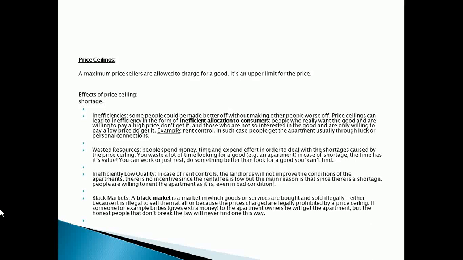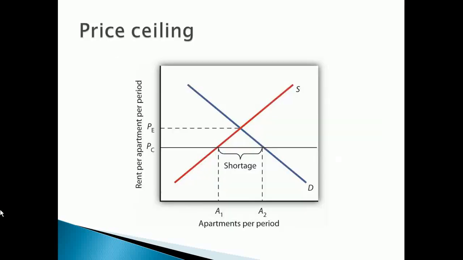And you can see point A2, at the enforced price of PC, is what individuals demand, the number of houses or accommodations that tenants are scouting for. So price ceiling usually leads to shortage because suppliers are not comfortable with the prices.